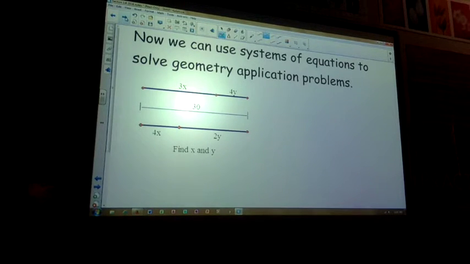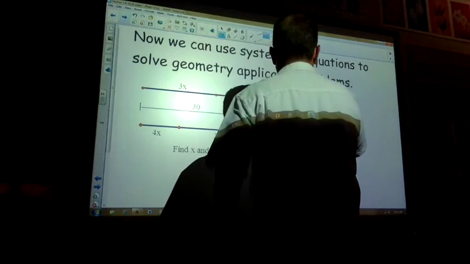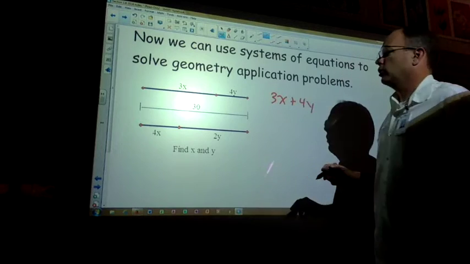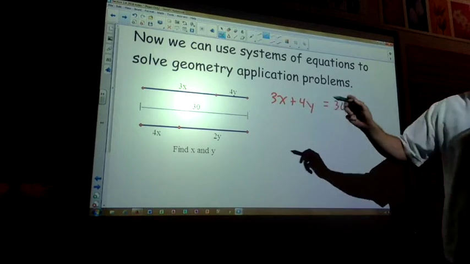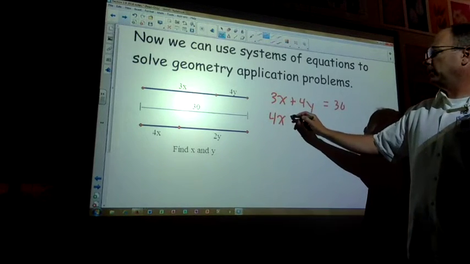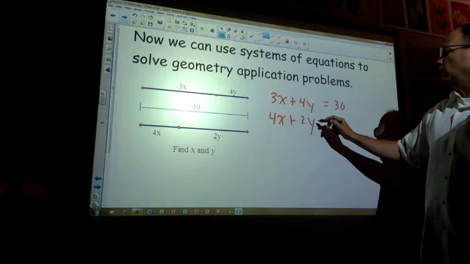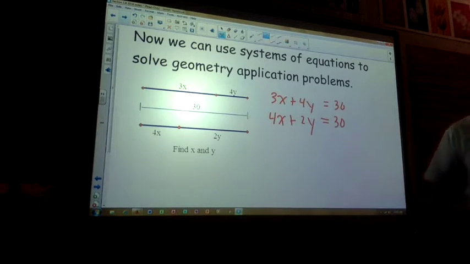So other things we know is if I add 3x plus 4y, I'm going to get an answer of what? 30. But then I have the exact same segment below, but we have a different representation. So I have 4x plus 2y is equal to also 30. I don't want to go 30 equals 30 on this one, but I could set them equal to each other and solve. But that might not help me.